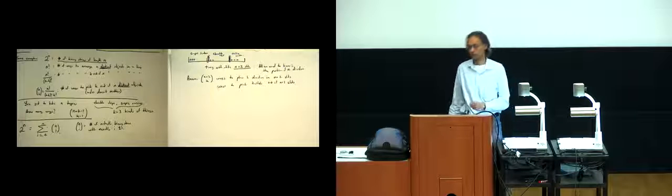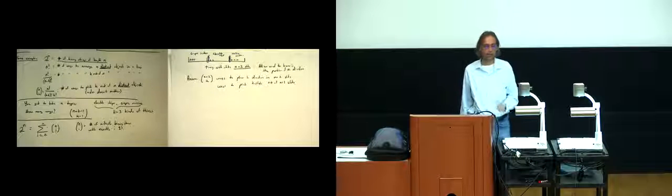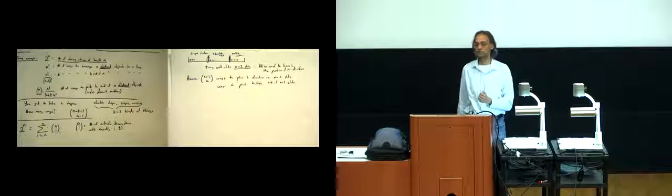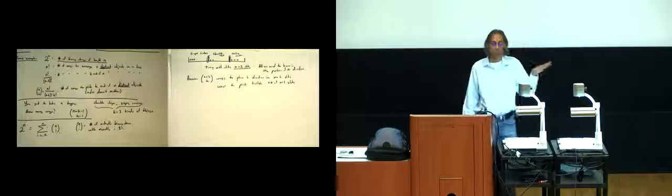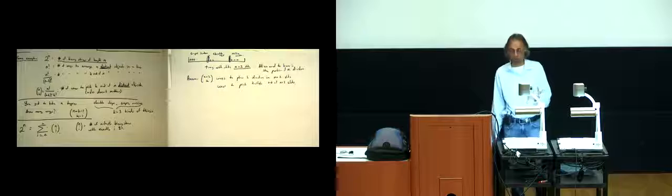Why? Because I can choose the i positions for the ones. Once I choose the i positions for the ones, I know the string, because the rest are zeros. And there are n distinct positions. So this is an example of a combinatorial identity, proven using a combinatorial proof.